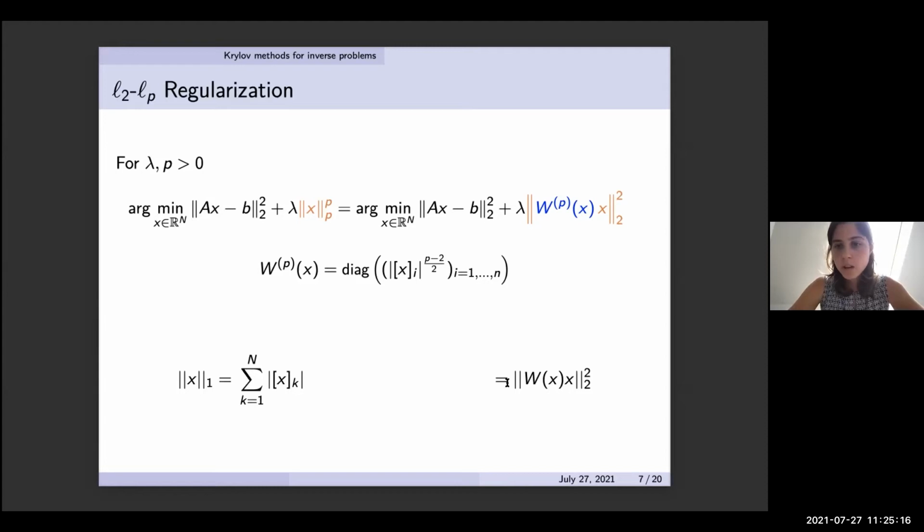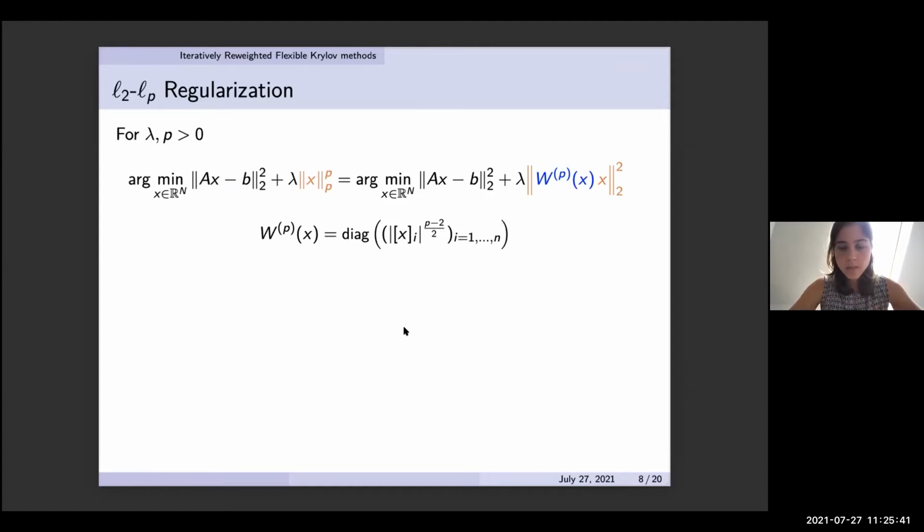A two norm or reweighted two norm is a sum of squared things, so I can rewrite this sum of absolute values as a sum of squared elements, which then leads to a reweighted two norm with a big diagonal matrix.